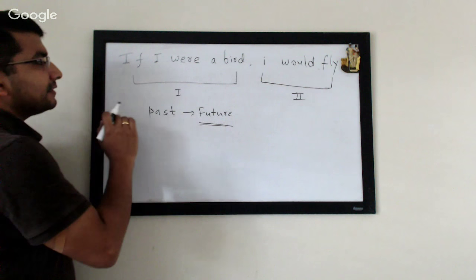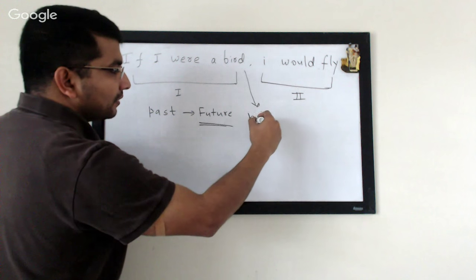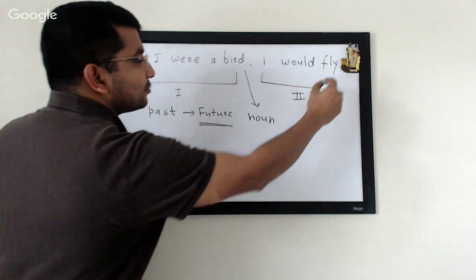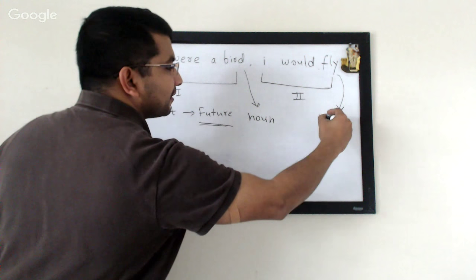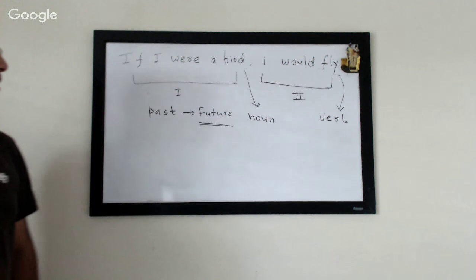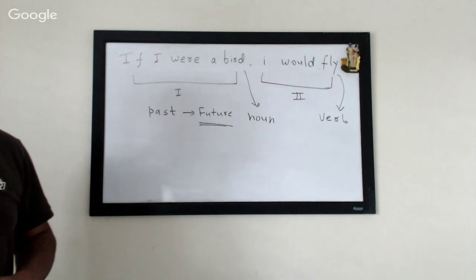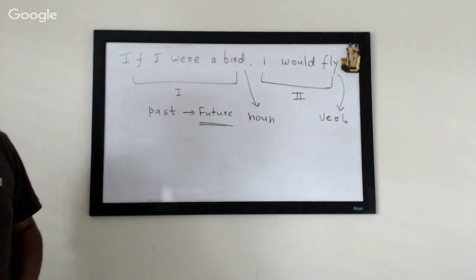In the first sentence, there's one noun, and there's only one verb here, fly. Let me ask you a quick quiz. What is to fly in Hindi? Anyone remembers?